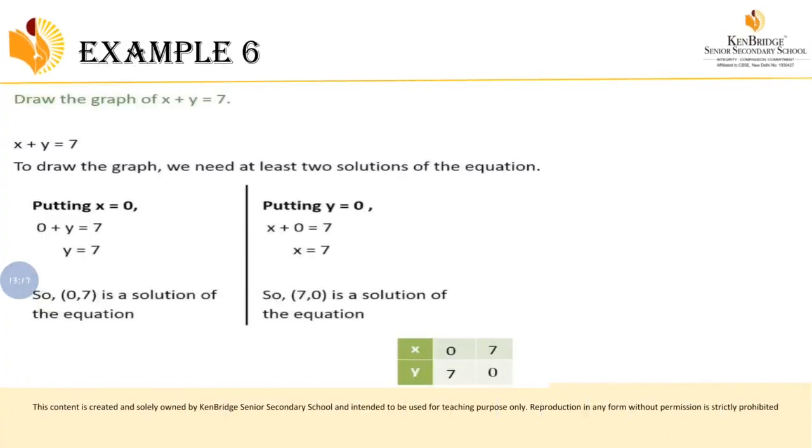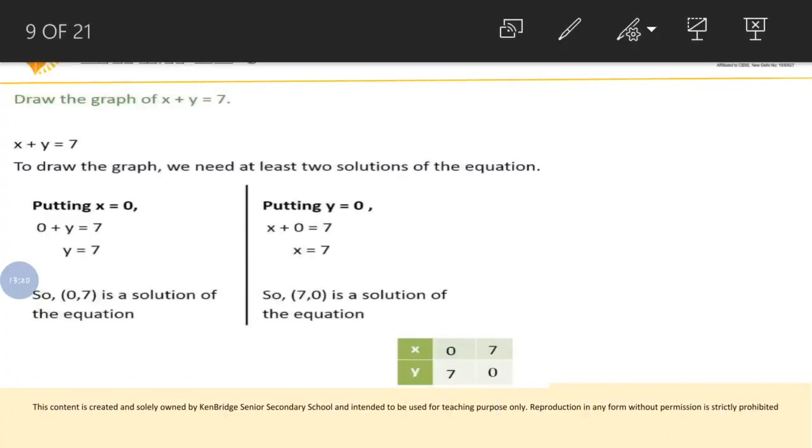Example 6 in the NCERT book. The question is, draw the graph of x plus y is equal to 7. So here we have to draw the graph. If you want to draw the graph, what do we need? Coordinate points, right? For coordinate points, we have to imagine values for x and y. As I said earlier in the previous video, if you need any solution, first you have to take x as 0 and then y as 0.